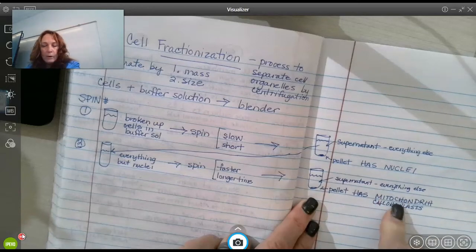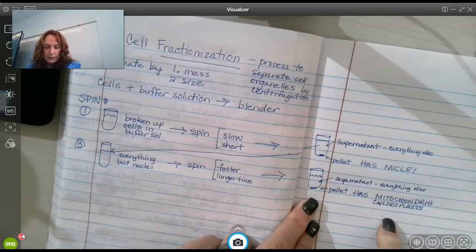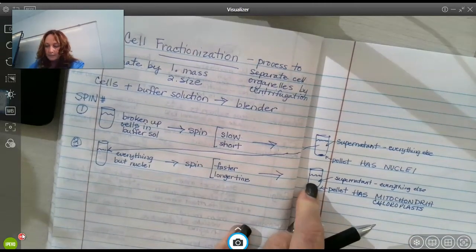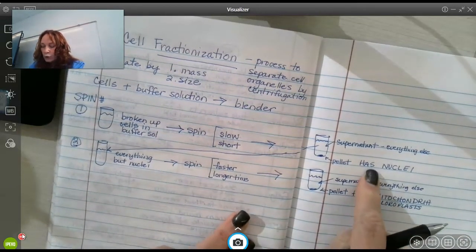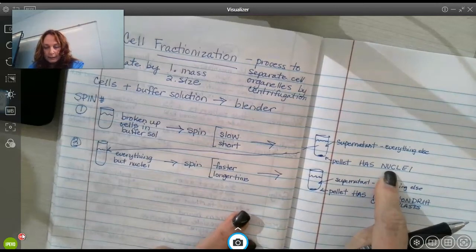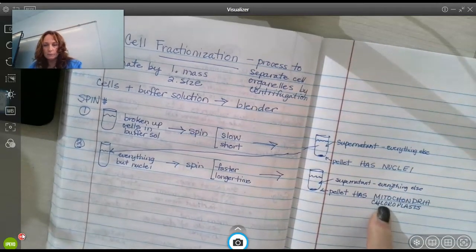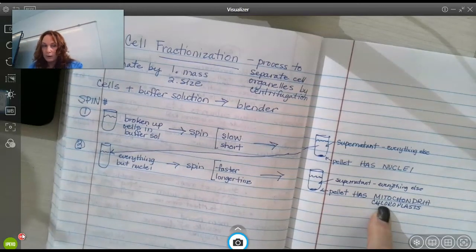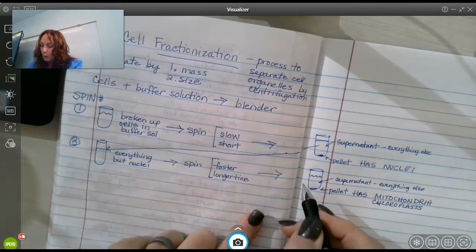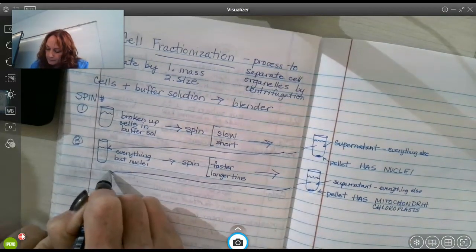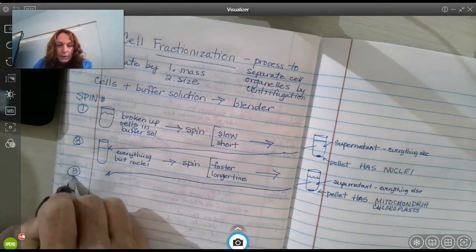Well, but I don't want the mitochondria and the chloroplasts. Okay, get rid of your pellet and let's spin again. So if you didn't want nuclei, you didn't want mitochondria and chloroplasts, this is me. I wanted membranes. So I would take the supernatant, go for spin 3.